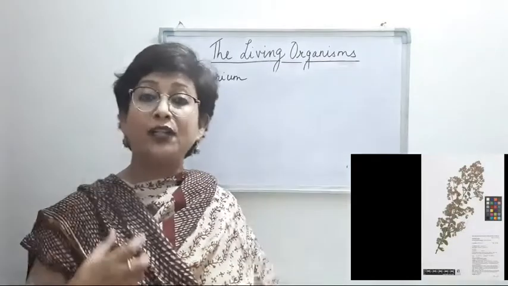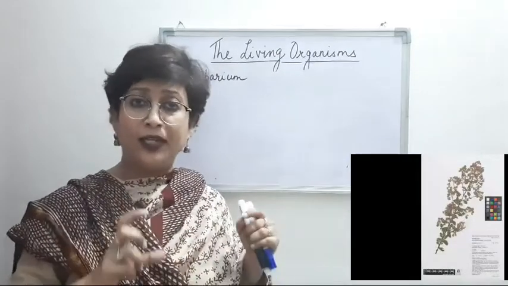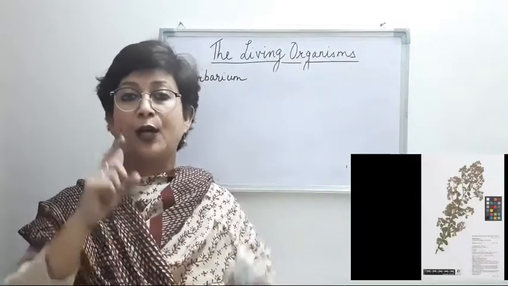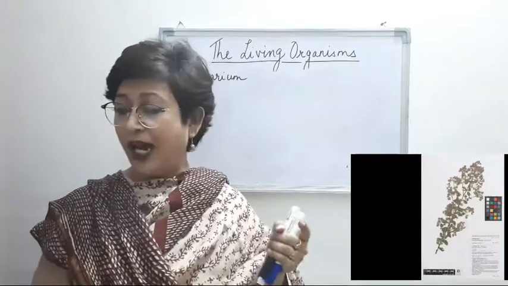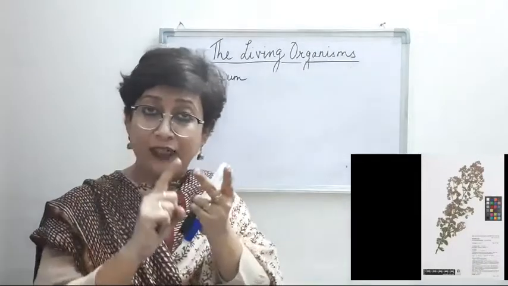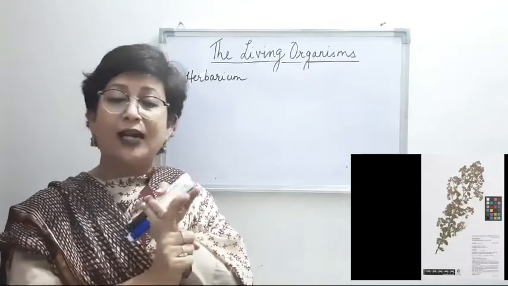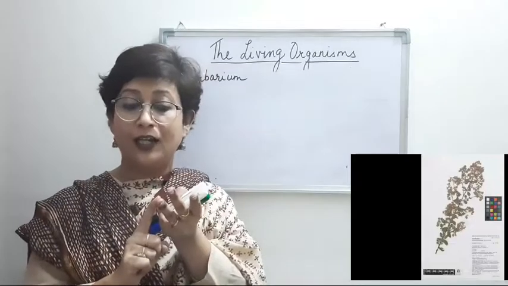Now, what kind of an aid is this? It is simply a collection, now listen very carefully, a collection of preserved plants, right, the specimens, and it also contains data related to that, right, and this data is used for scientific study. So what is it?